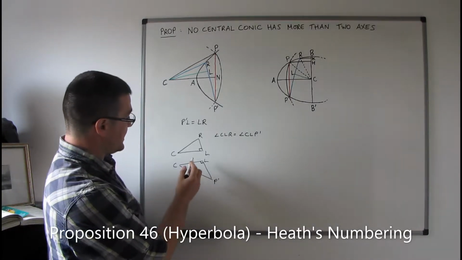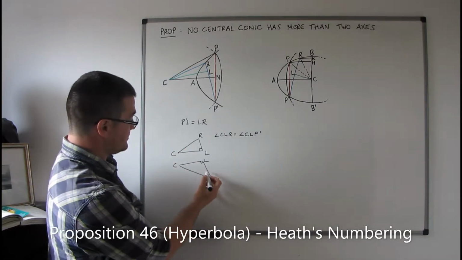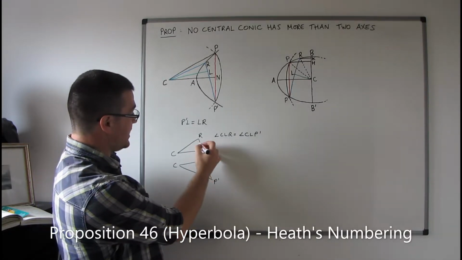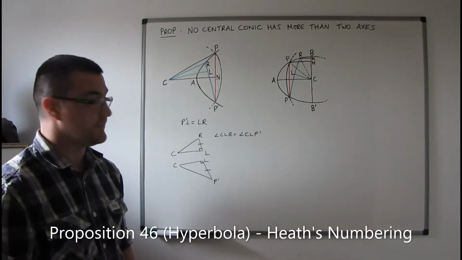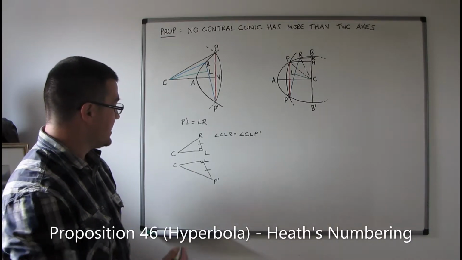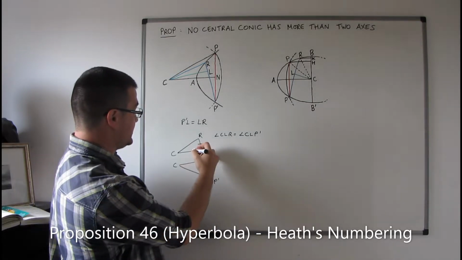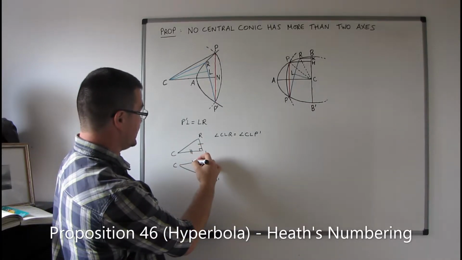We've also got that P primed L is equal to LR. And obviously CL is common to both of these triangles, so those two sides are equal in length.